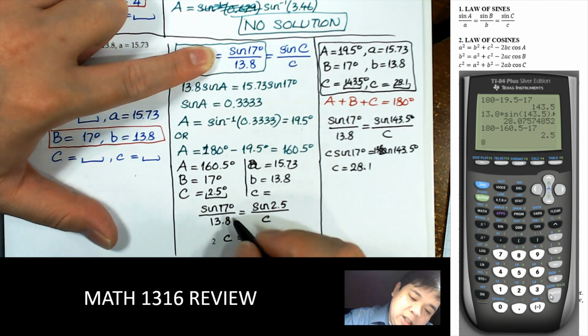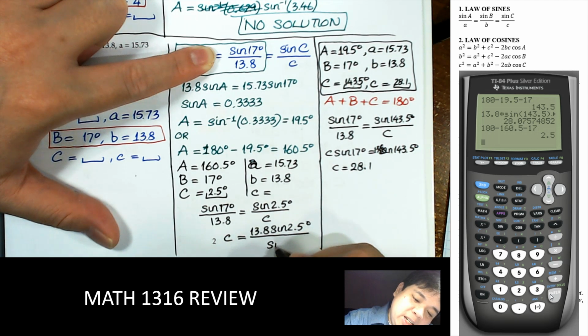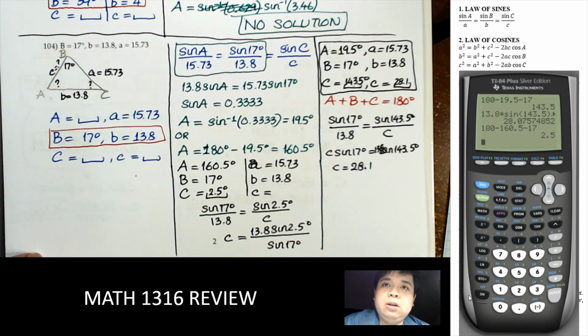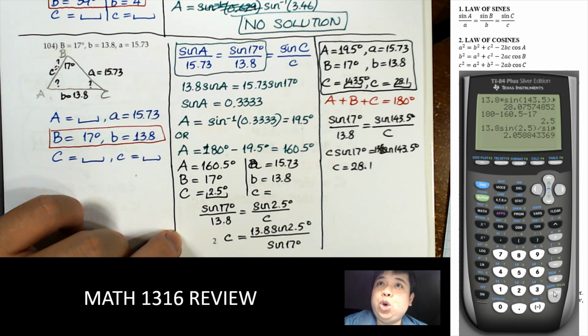So little c is 13.8 sine of 2.5 degrees over sine of 17 degrees. 13.8 sine of 2.5 divided by sine of 17. This is 2.05, so it's equal to 2.1.